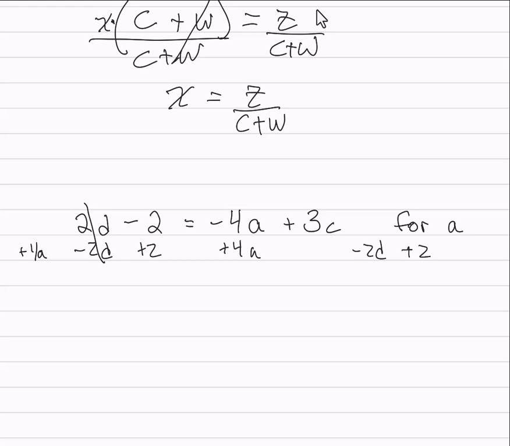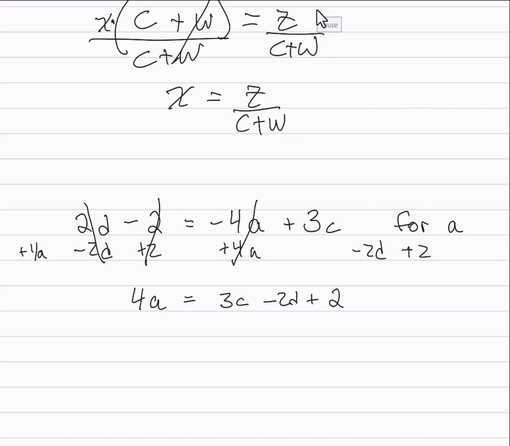By the way, my 2's look just like z's. If I write a z, I put a line through it. Sometimes I put a loop in my 2, and sometimes I don't. So anyway, those are both 2's. You know they're not z's because there's no line, so those cancel. And my minus 4a plus 4a cancels. So on this side I have 4a, and on this side I have 3c minus 2d plus 2.